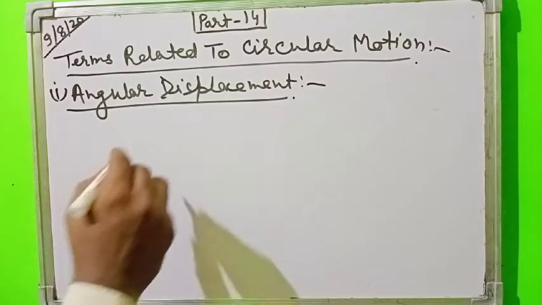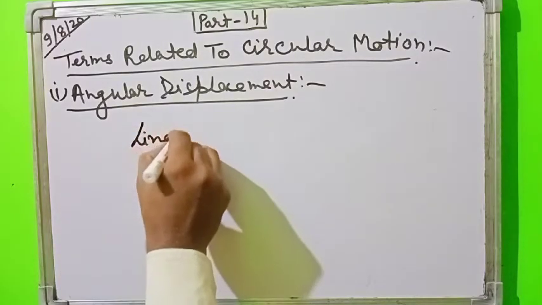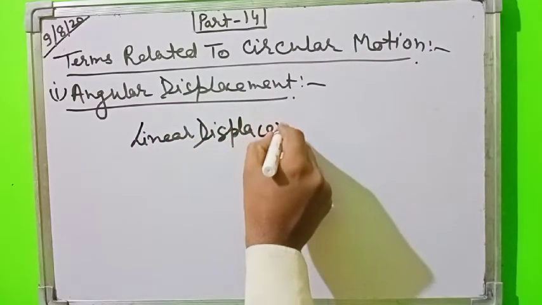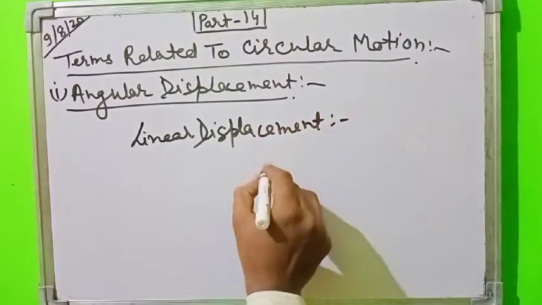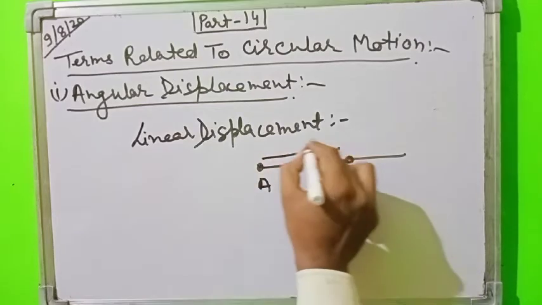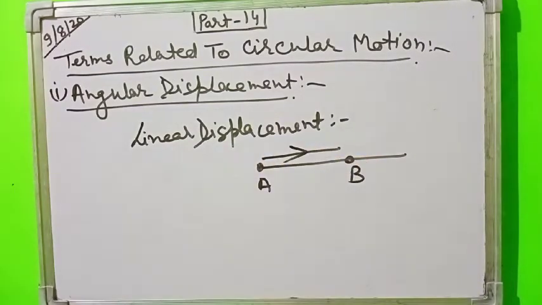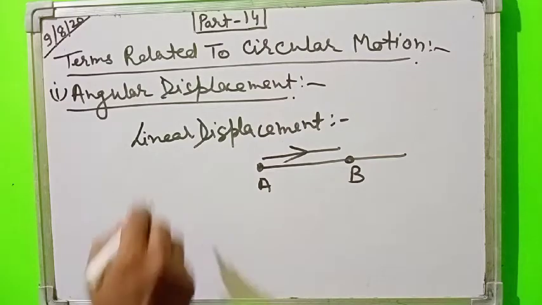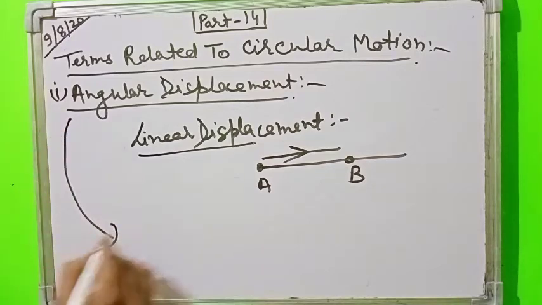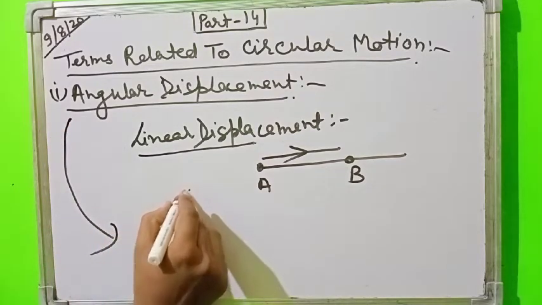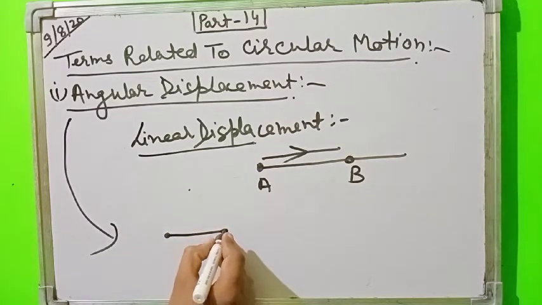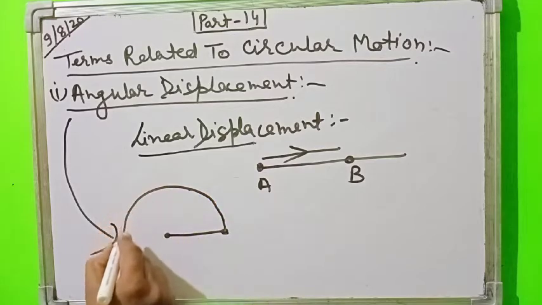In the case of linear displacement, a body travels from point A to point B on a straight line, and the difference between the final position and initial position is called linear displacement. But when we are talking about angular displacement, there is a point O and the object is here, meaning the object is shifting along a circular path.